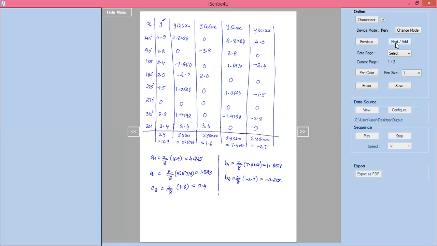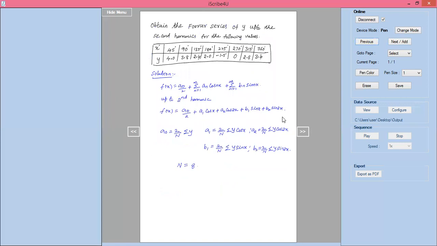Now I'll write f of x equal to, as I already told. What is the formula I told here? We know a naught by 2 in this formula, I'm substituting that. A naught value, a1 value, b1 value, b2 values are all I'm substituting.